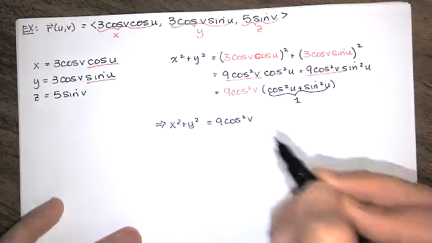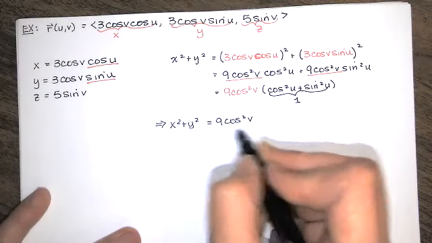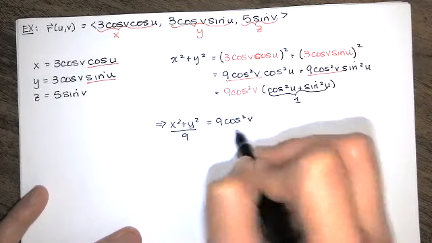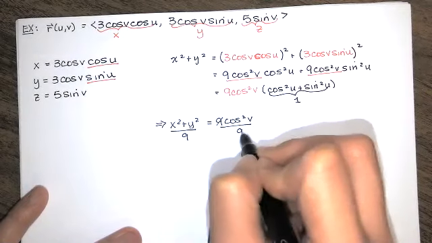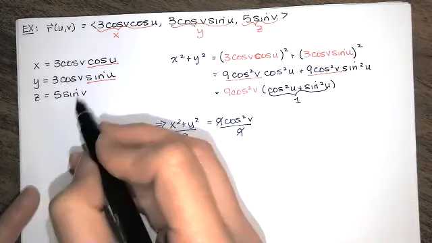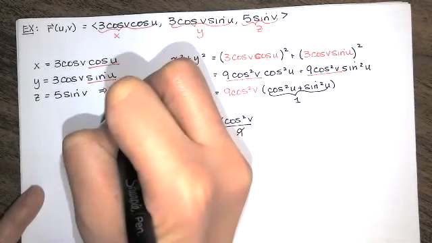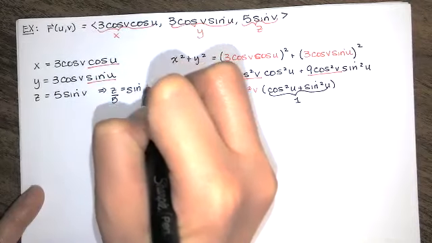So to use that identity, I'll get cosine squared v by itself by dividing both sides by 9.